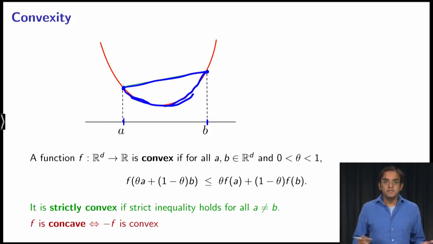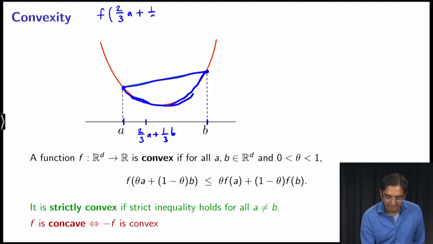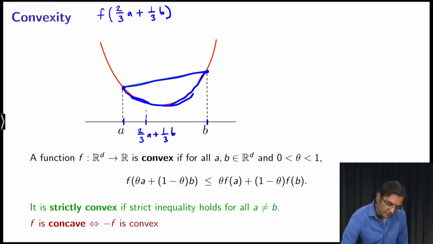So for instance, if we were to look at this point over here, that point may be 2/3 A plus 1/3 B. The value of the function at that point is f of 2/3 A plus 1/3 B. So that's this value over here.